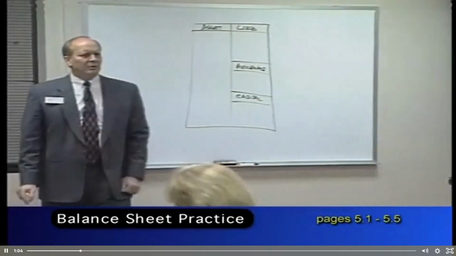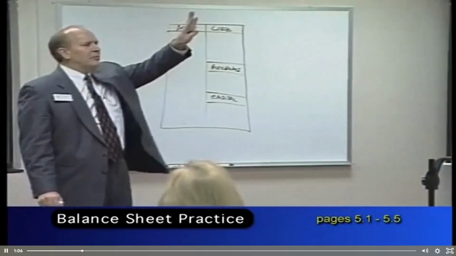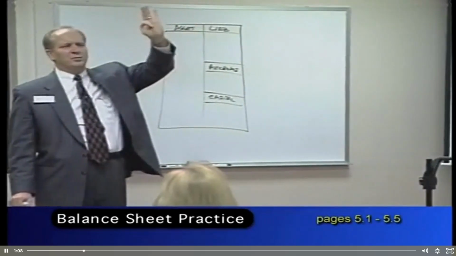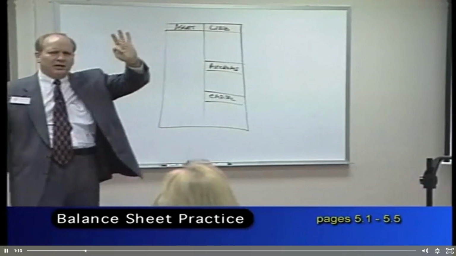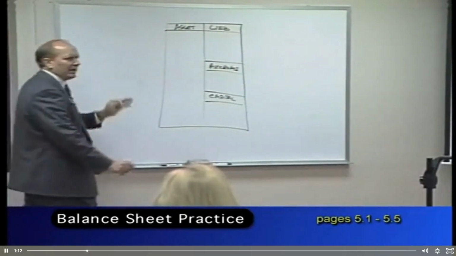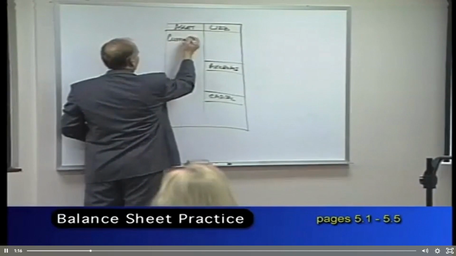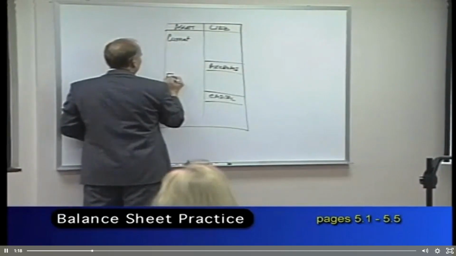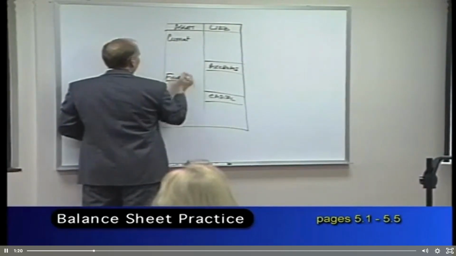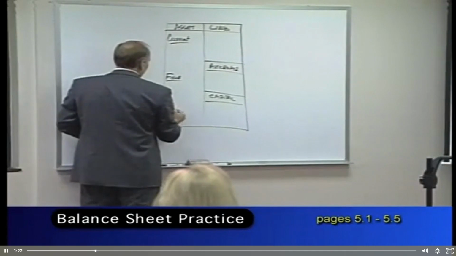Now, on the other day, we talked about further subdividing the assets into 3 subcategories of assets, right? What were those 3 subcategories? We had current assets. Good. What else? Fixed assets. And finally, the third one is other.